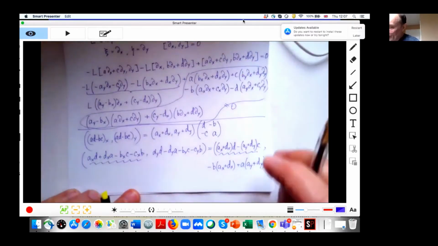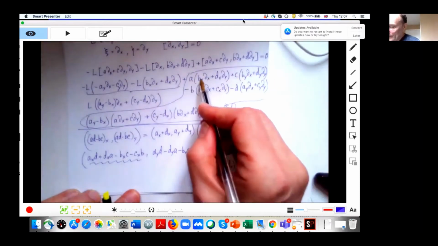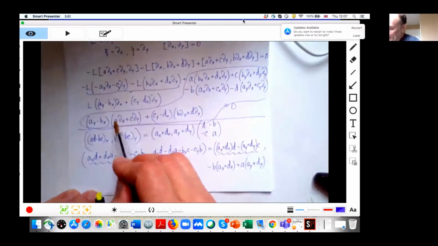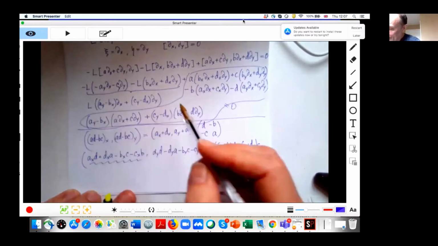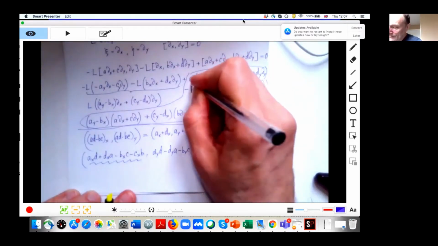This term abx dx, abx dx with minus. So this term cancels out. This term and this term, they cancel out.